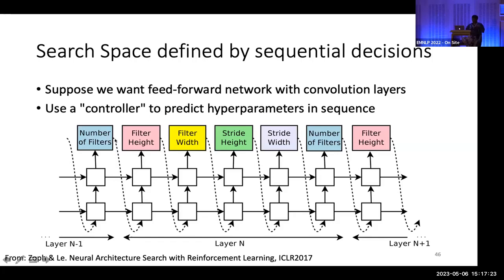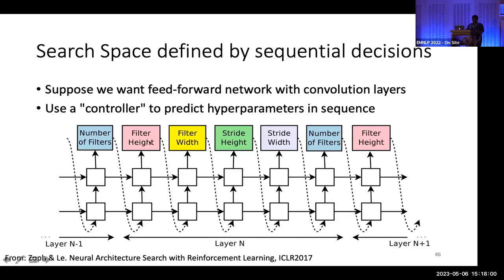So you can imagine you keep doing this. You can say, okay, I want to first decide the architecture for layer 1: filter height, width, stride, etc. And then now you're done with layer 1, and you go to layer 2. And then again, number of filters for layer 2, filter height, and you can keep it going. And maybe there's a stop token that would tell you, okay, no more. You can view this as a recurrent neural network, right? The recurrent neural network will predict all these different things.